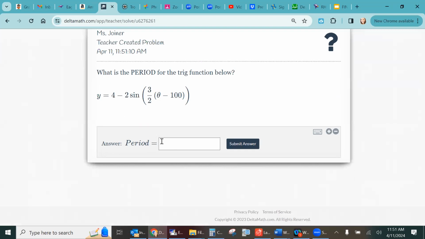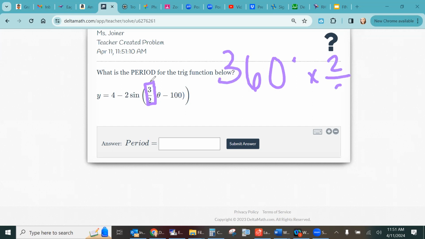Okay, and it says to find the new period. So what number is in the period position? 3/2. Do I multiply it by 3/2? No, reverse effect. What do I multiply it by? 2/3. And then if you multiply that, you should be able to find what number to put here. 120. Okay, very good.